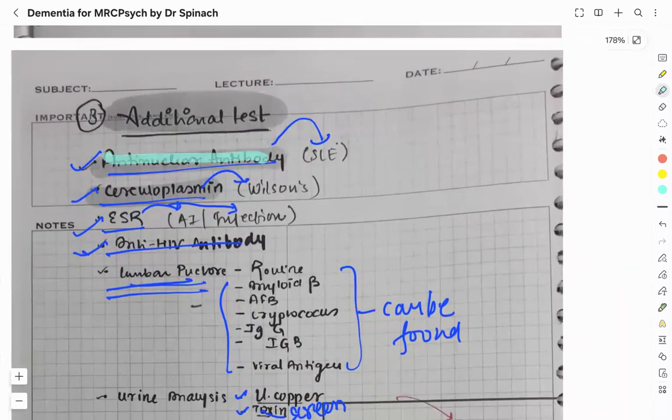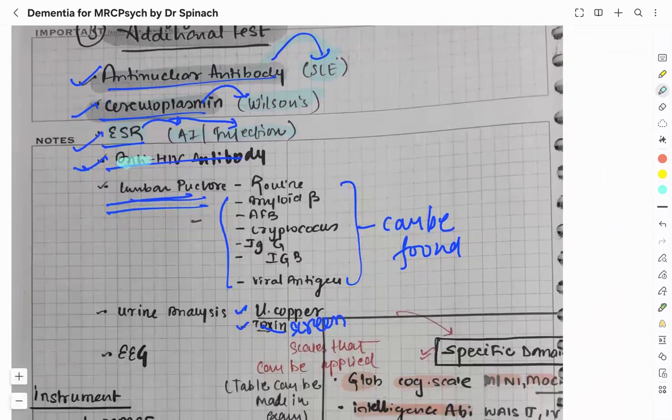This could include antinuclear antibody, which is done for SLE, ceruloplasmin for Wilson's disease, ESR for any autoimmune or infectious causes, and anti-HIV antibody. We have lumbar puncture, routine, for amyloid beta, AFB, Cryptococcus, tuberculosis, IgG.